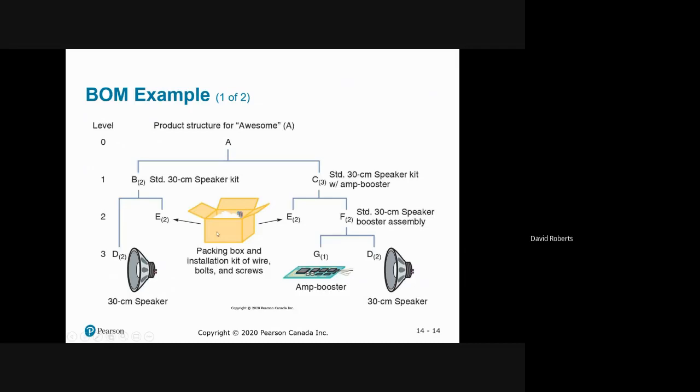So here's an example. You start off with low-level coding. This is important: low-level code 0 only has one item, the finished product, in this case the awesome speaker kit. Now, at low-level code 1, the way you read it is, it takes 2 B's to make 1 A. That's what the 2 in the bracket stands for.